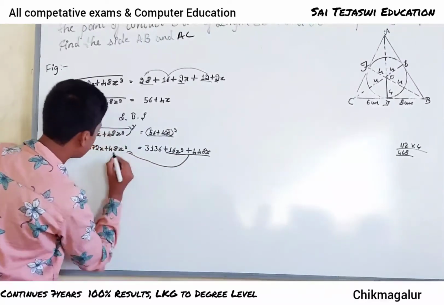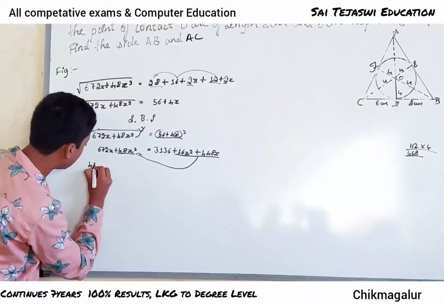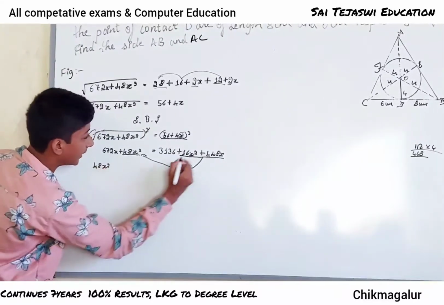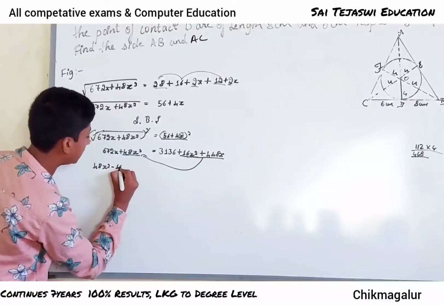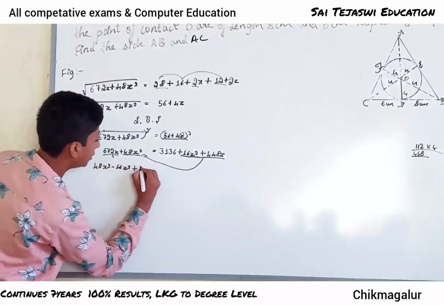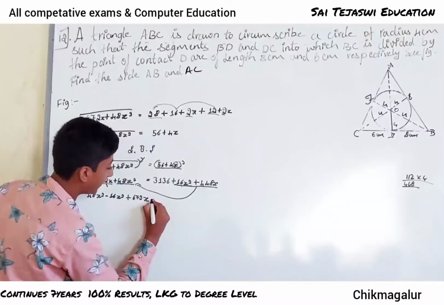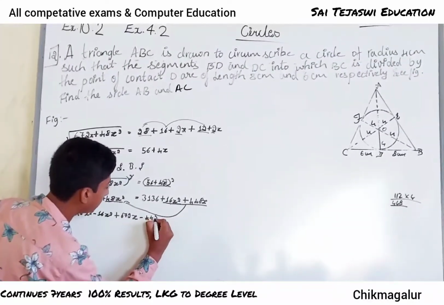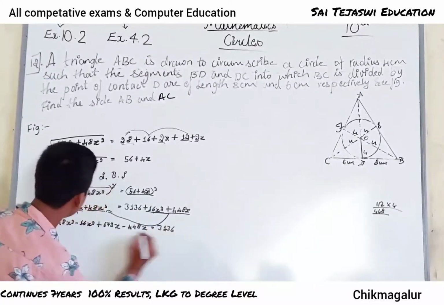Now we shift these variables to this side. First we should consider the highest degree, so we take 48x square in the first place, and the highest degree is 2, so minus 16x square, plus 672x, minus 448x, which equals 3136.